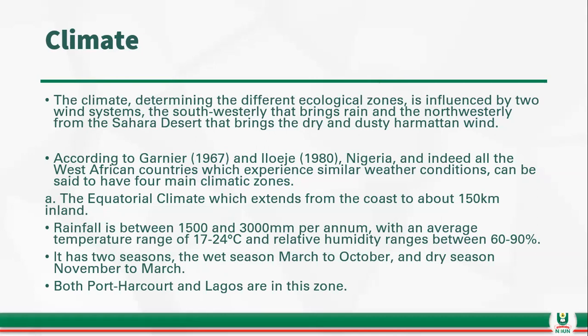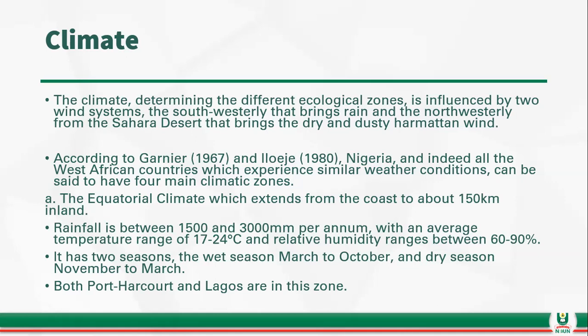In this zone, it's a zone of high rainfall, usually from 1,500 to 3,000 millimeters per annum.